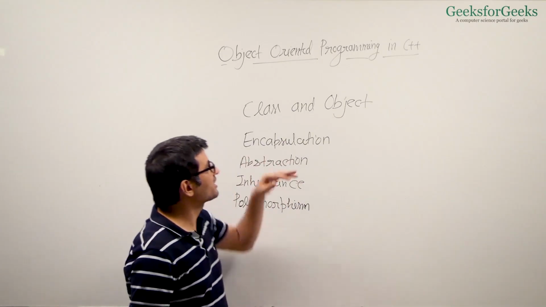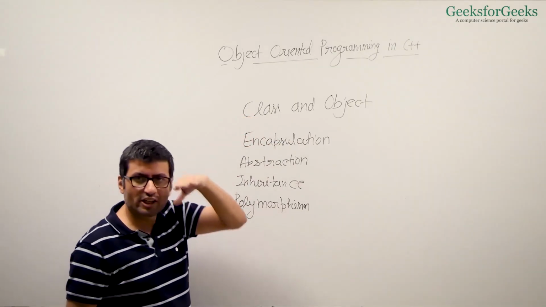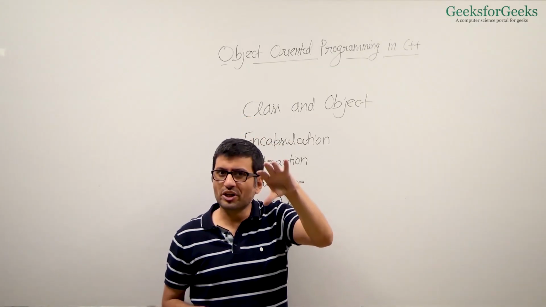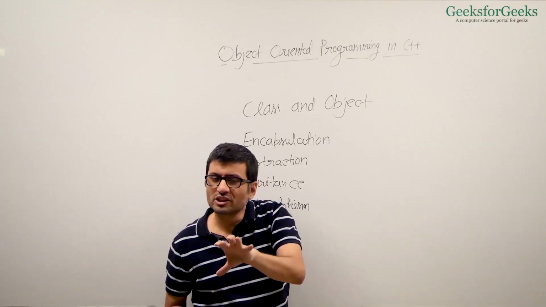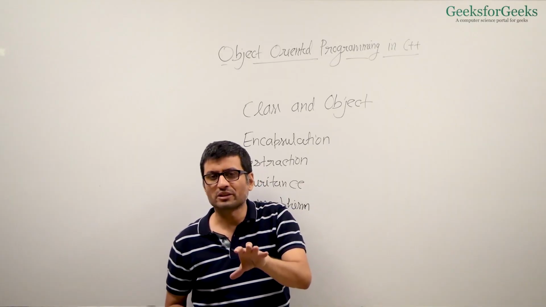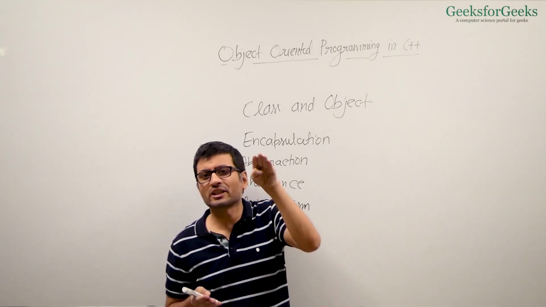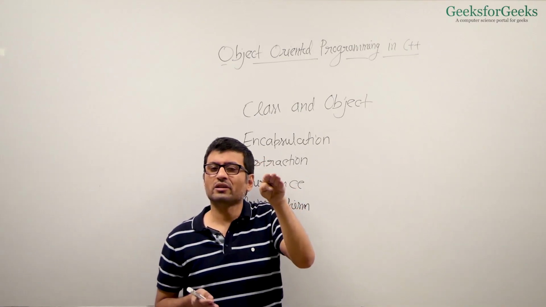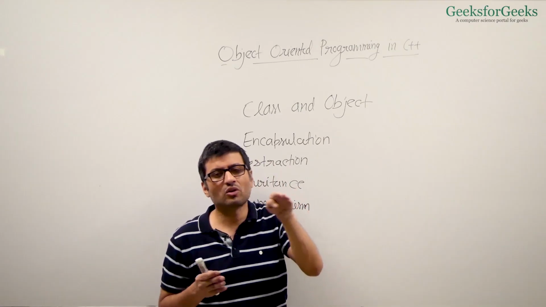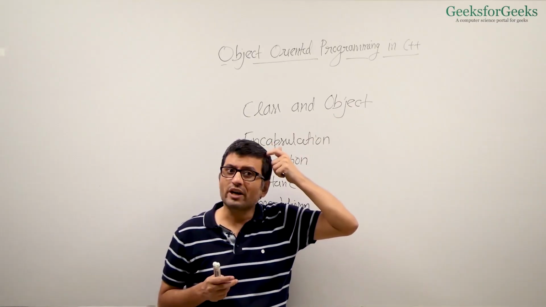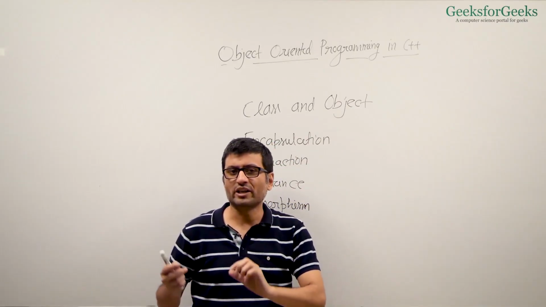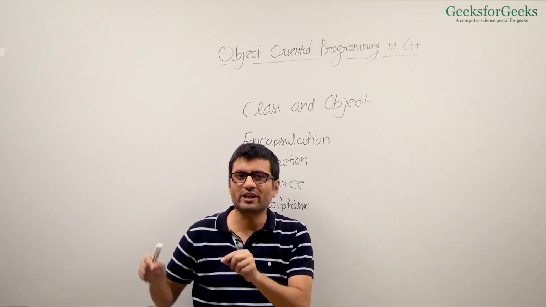We talked about classes and objects. Class is a data type which has multiple data members and functions which operate on those data members. A class basically represents an entity like student, person, teacher, course. Object is a variable of this class data type. Like int has a variable, int x, when we write int x.